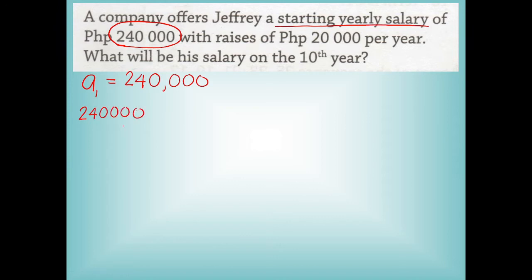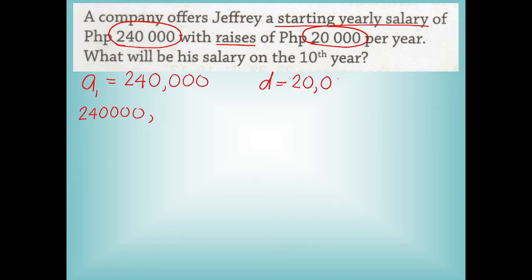Now, what is the second term? Go to the problem. Look at this one. A raise, an increase of 20,000 per year. What is 20,000 here? Okay, the common difference. We will add it every year.